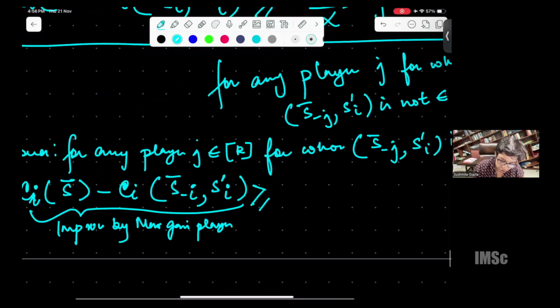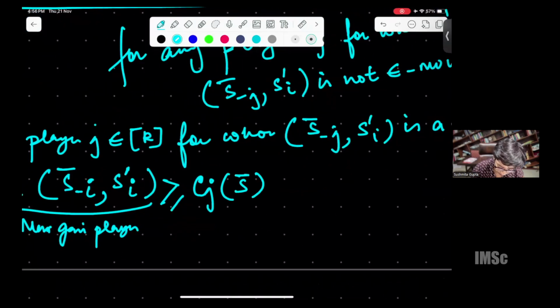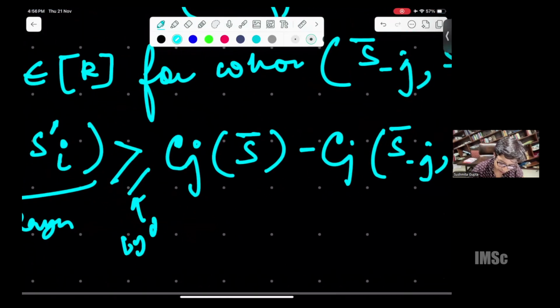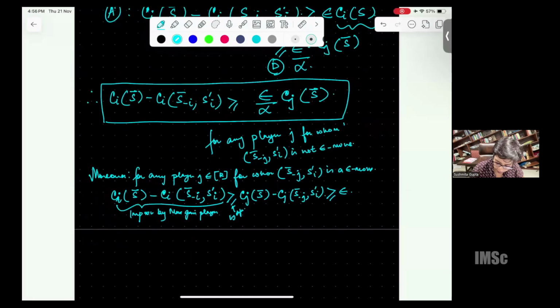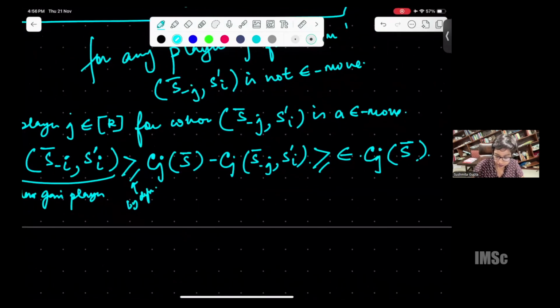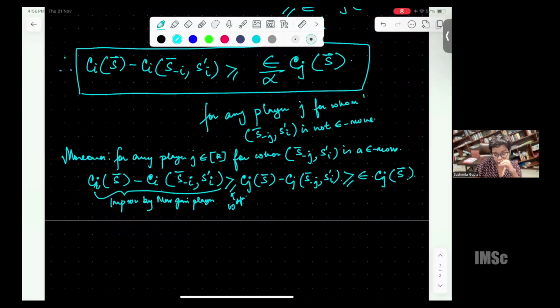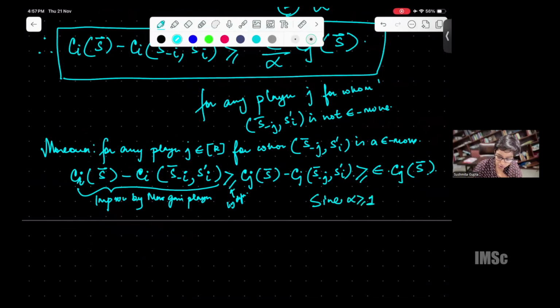This is at least as much, because this is by definition the maximum gain enjoyed by this player. By definition of max gain, this is more than epsilon Cj. Yes, this is correct. Therefore, for any alpha, since alpha is greater than 1, obviously this quantity is greater than epsilon by alpha Cj of S. Correct?